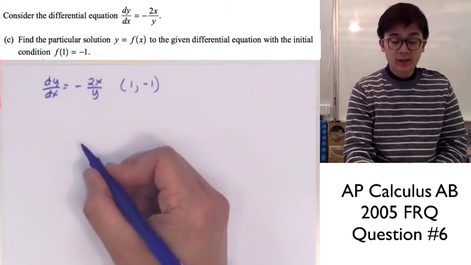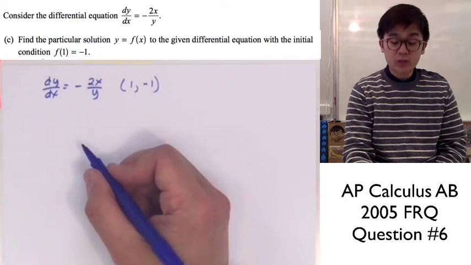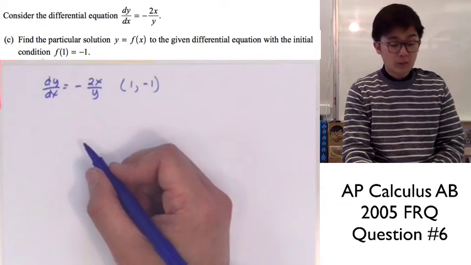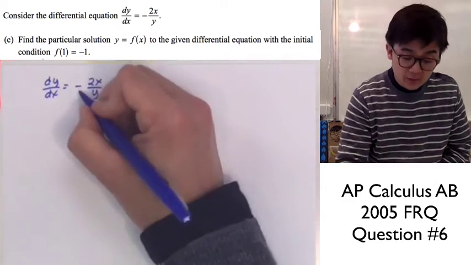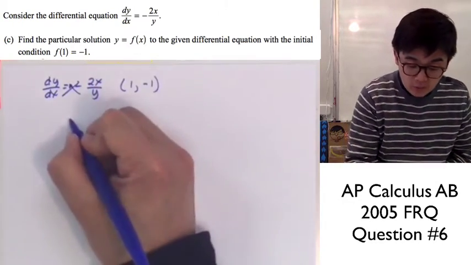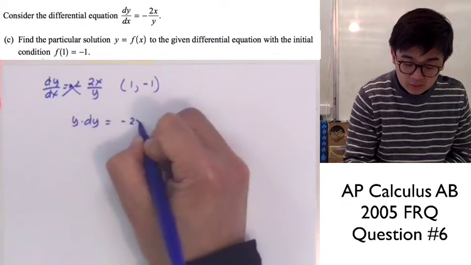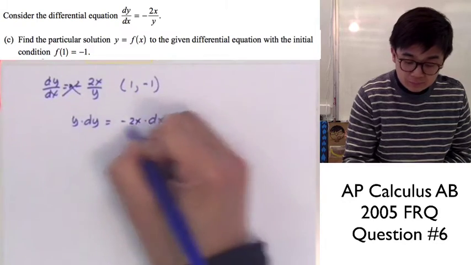By separating our function, we'll be able to integrate so we can find our y equals f of x. By cross multiplication, we have y times dy equals negative 2x times dx.